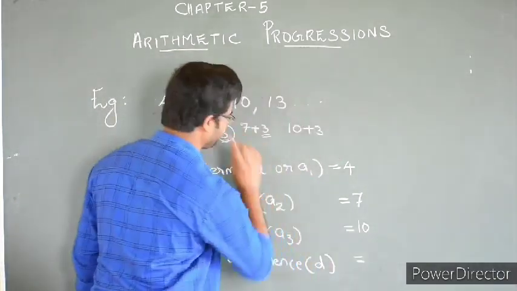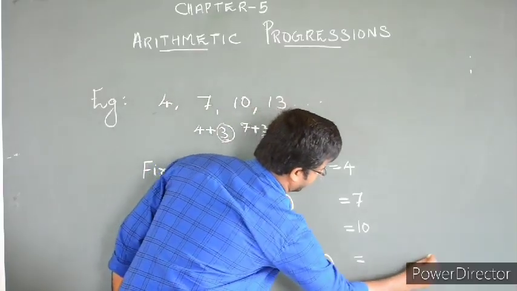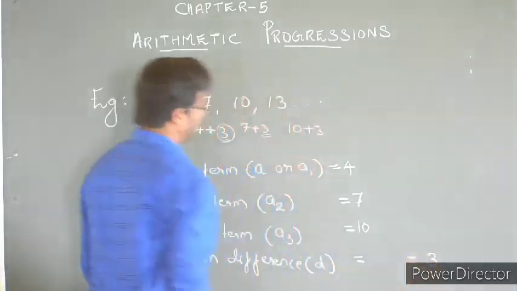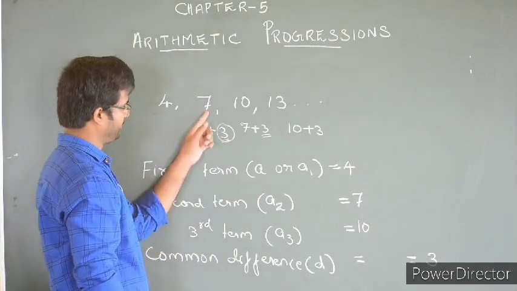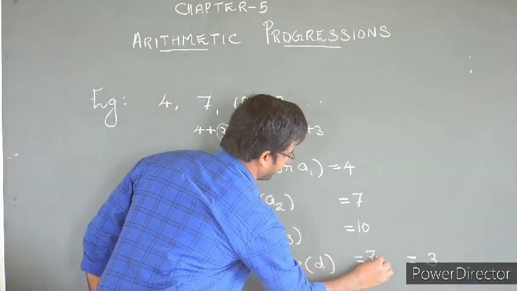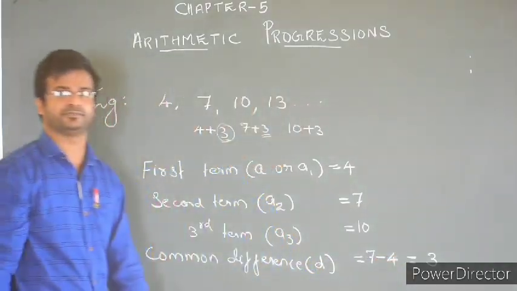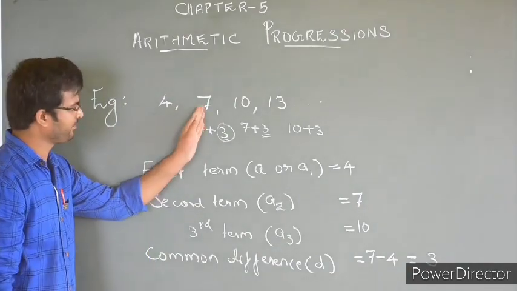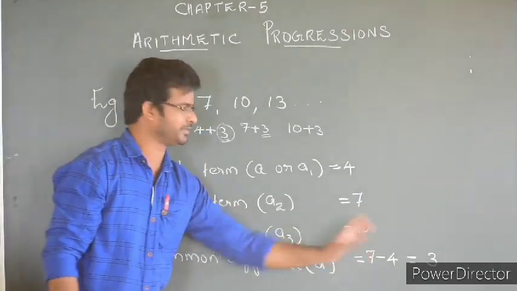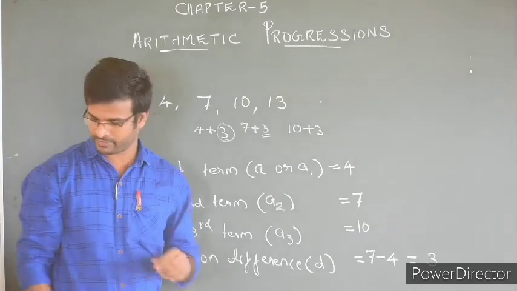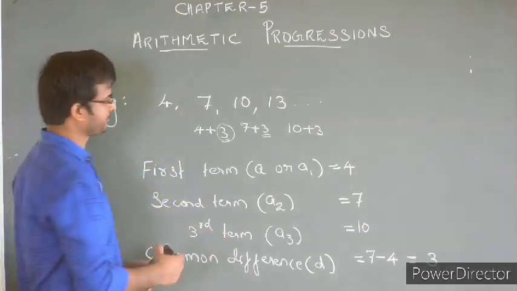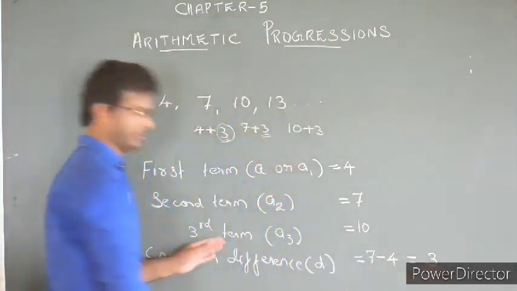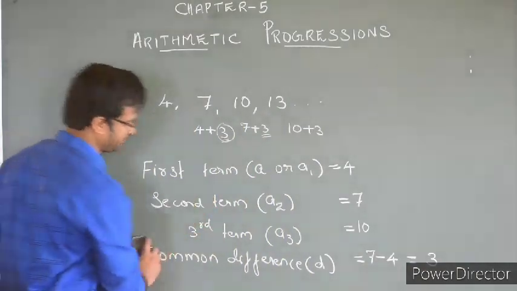We can write that as the common difference. How will we get 3? That means 7 minus 4, second term minus first term. That time you will get the common difference. Then I hope you can understand this.